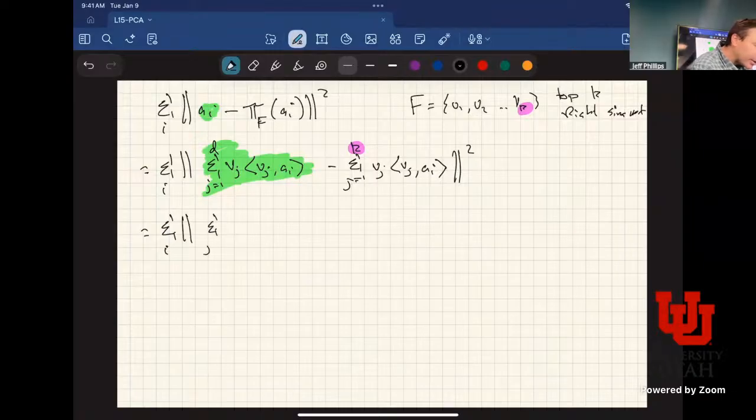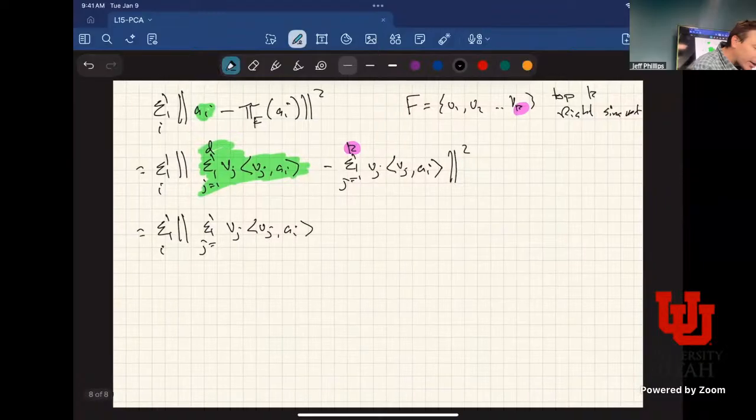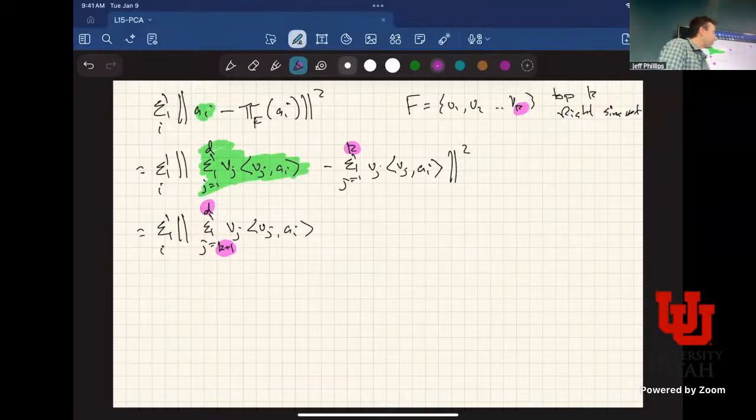So what is left is v_j, in fact, instead of starting at 1, I'm starting at k plus 1 up to d. The part that is remaining here is just the part that the first k are canceling in this subspace, and what's left is from k plus 1 to d.